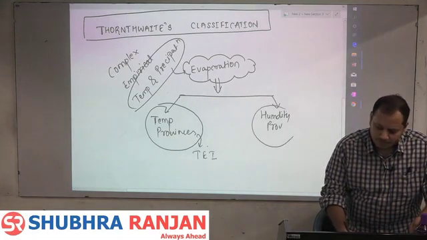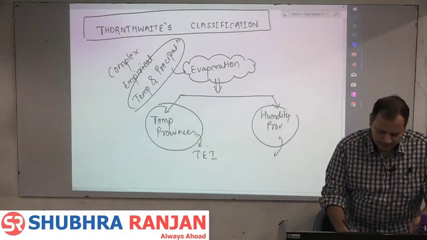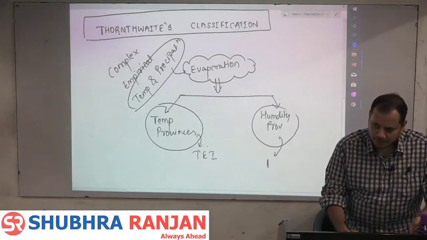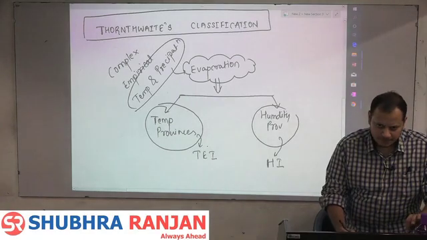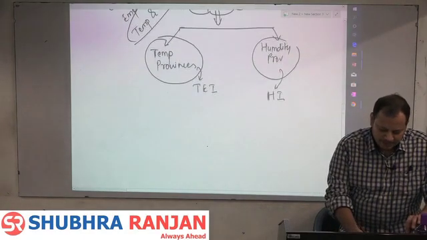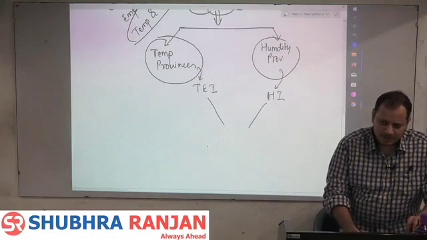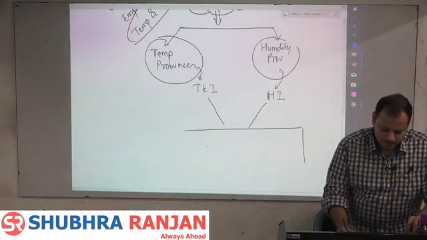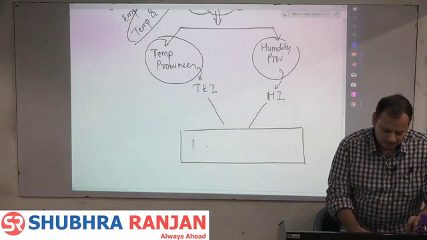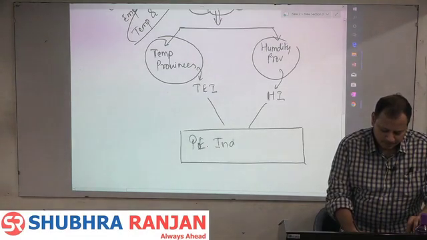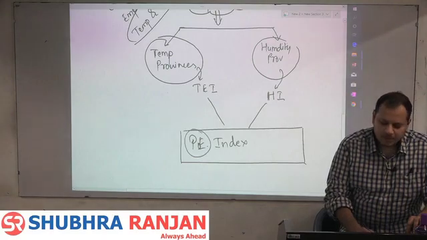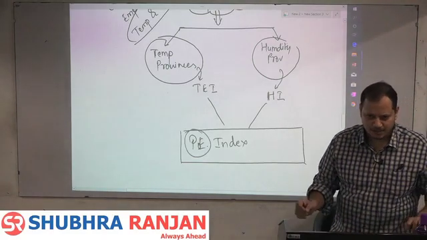And for humidity provinces, he came up with the concept of the humidity index. Fine? Then he revised his classification, and his entire classification later on was based on the concept of PE index, that is potential evapotranspiration index.